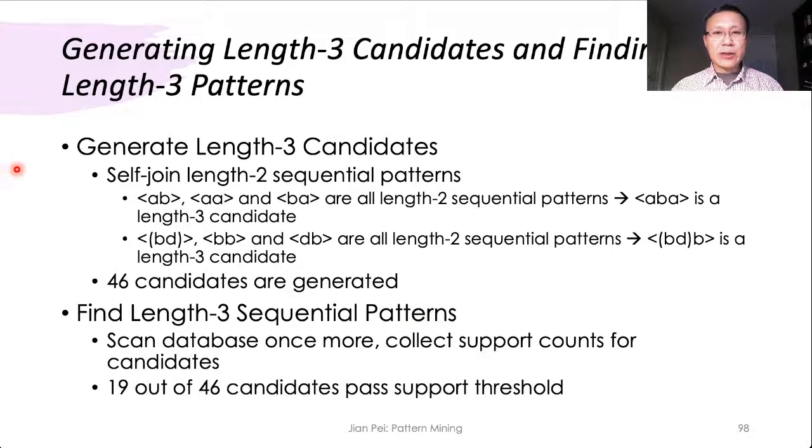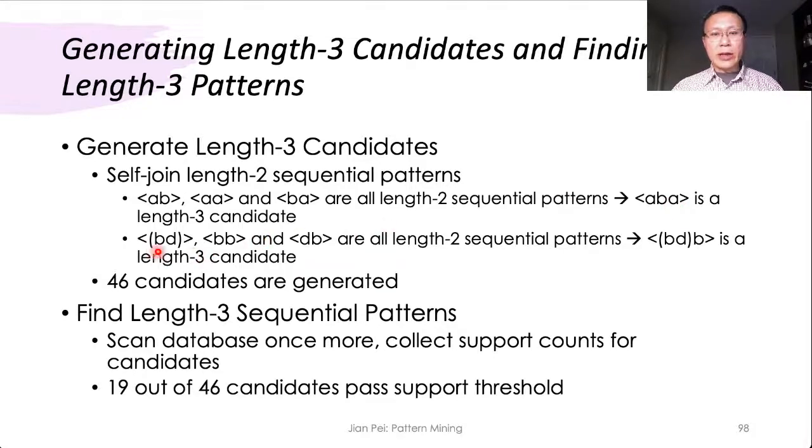In order to generate the length 3 candidates from the length 2 sequential patterns, we first do the self-join of the length 2 sequential patterns. What I mean here by self-join is as follows. Using sequential patterns AB, AA, and BA, we can generate a length 3 candidate, which is ABA, because every length 2 subsequence of ABA, namely AB, BA, and AA, is frequent.